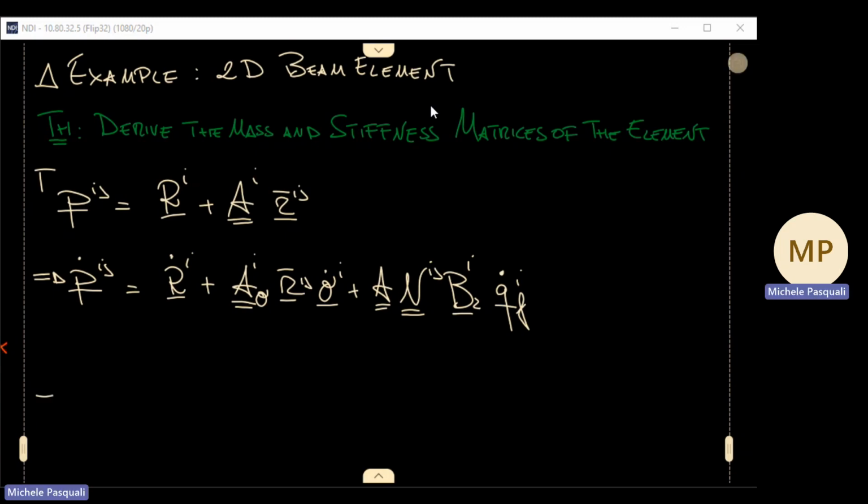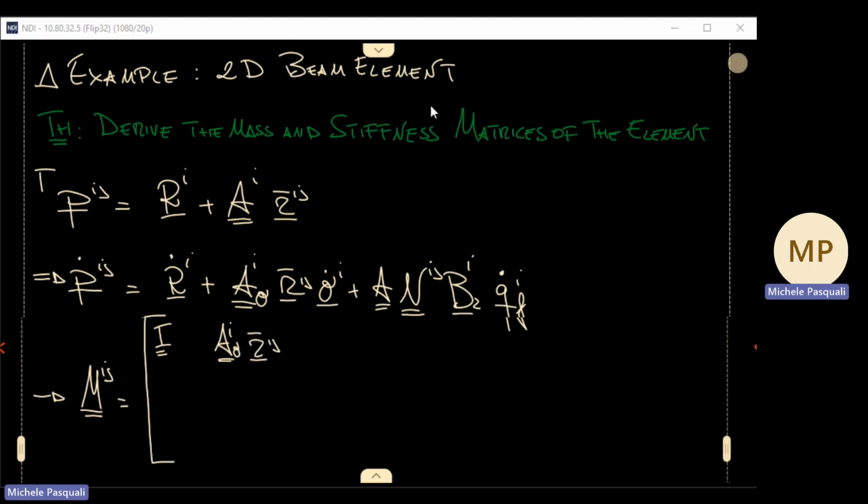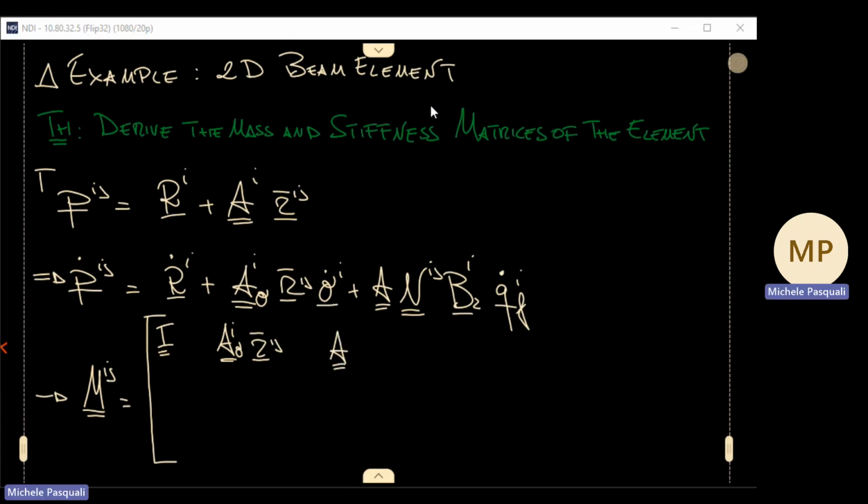It follows that the expression of my mass matrix for the element J can read as such. Here we have, as usual, an identity matrix. Here we have A theta I applied over R I j over bar. And here we have A I n I j b2. These are the submatrices that we have to derive.